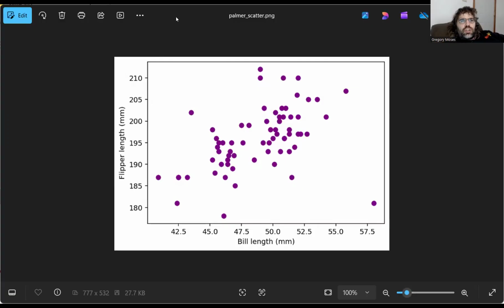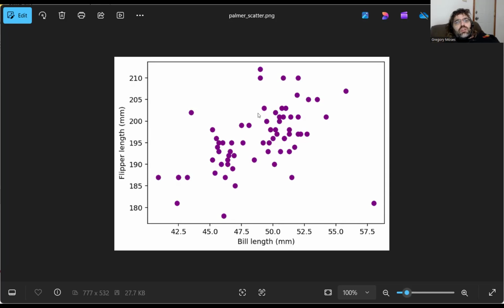Granted that we're only looking at two of four dimensions, but do you look at this scatter plot and immediately see three groups? Because I look at this scatter plot and I see two groups. I see a group here that I am circling with my mouse, and then I see a group up here.